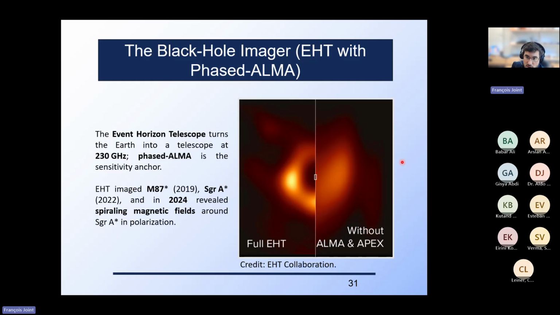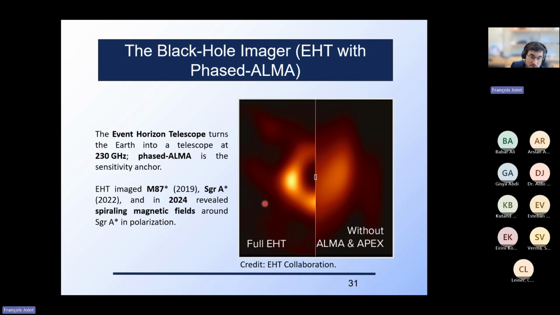That made possible the observation of the M87 and Sagittarius A black holes. So you see in this image, if we didn't have ALMA, we would not have been able to resolve this bright disk surrounding the black hole. And that's the initial result in 2019.